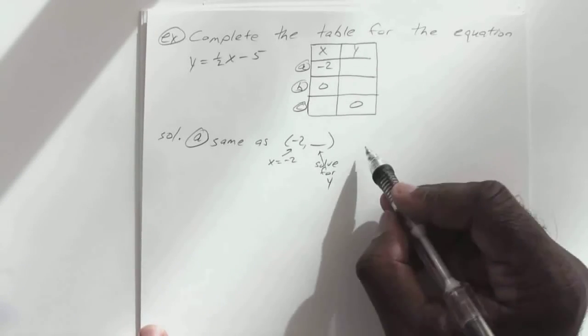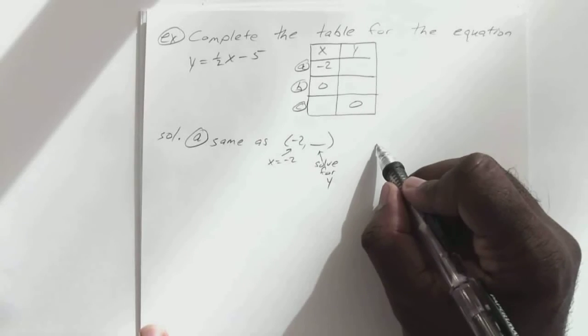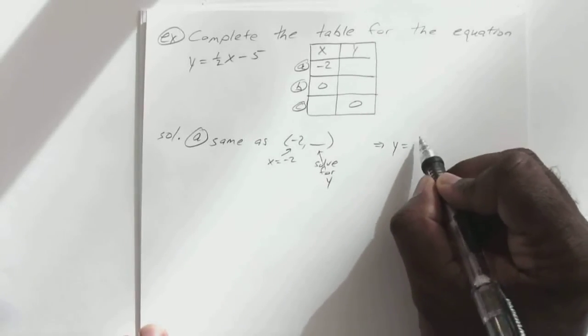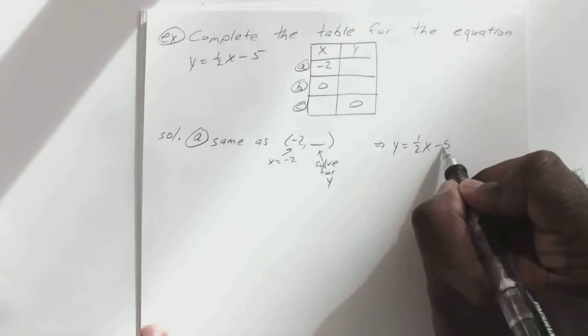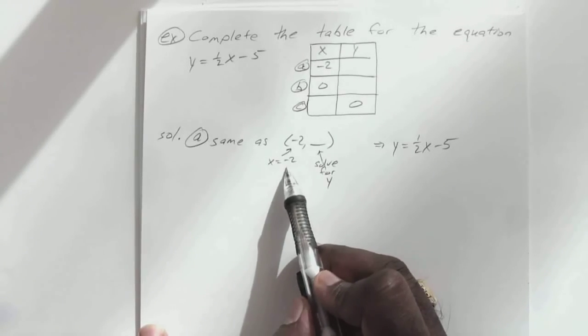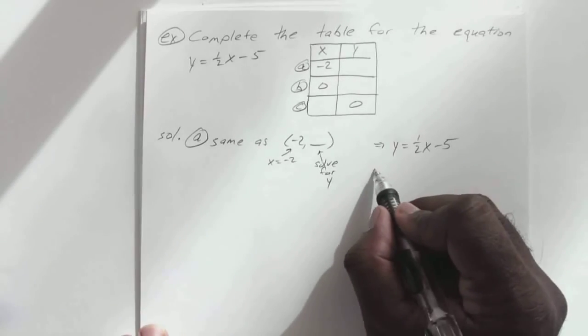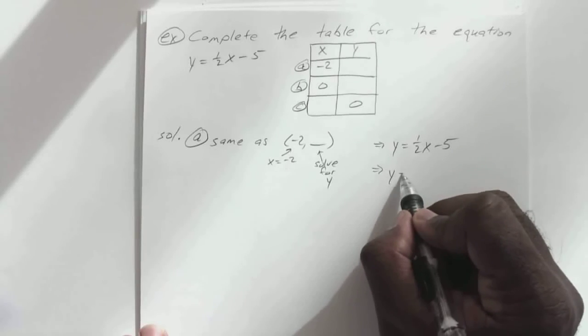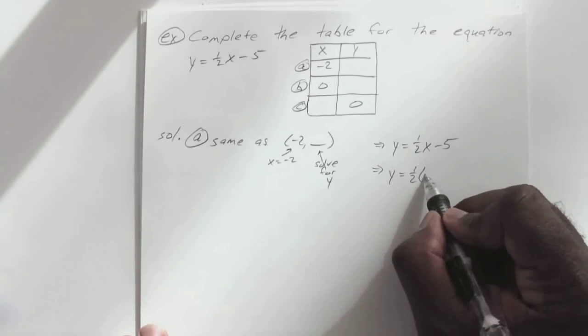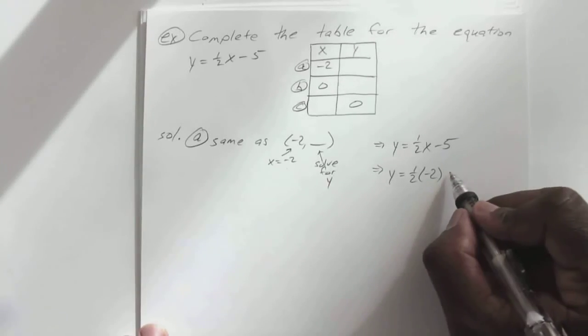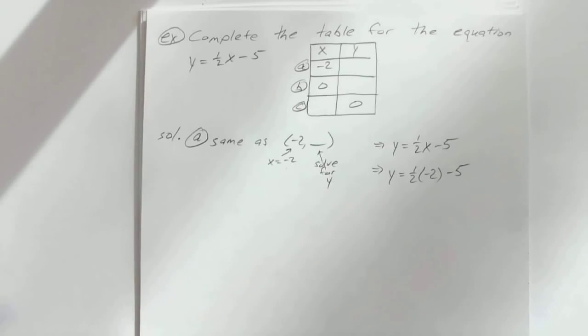Okay, so if we have our y equals 1/2 x minus 5, and we know that x is equal to -2, we have y equals 1/2 times -2 minus 5.